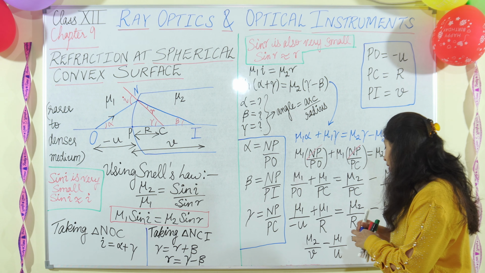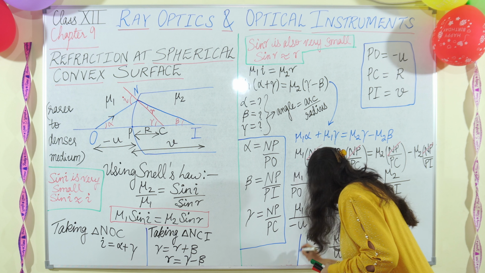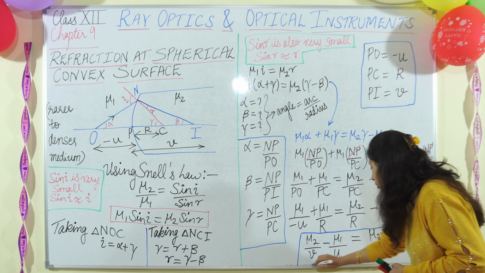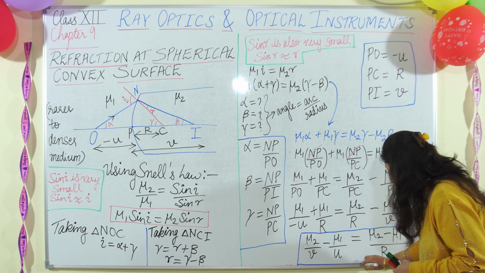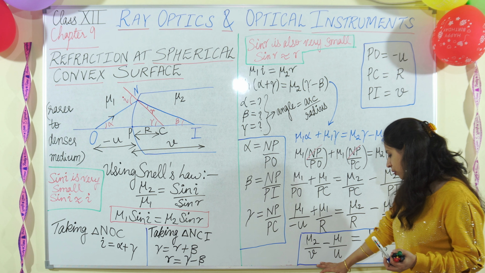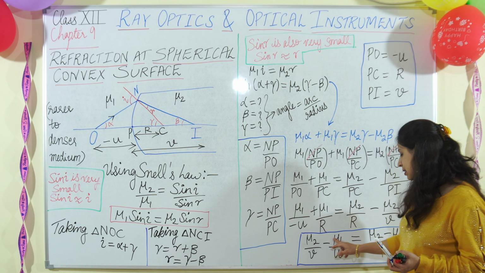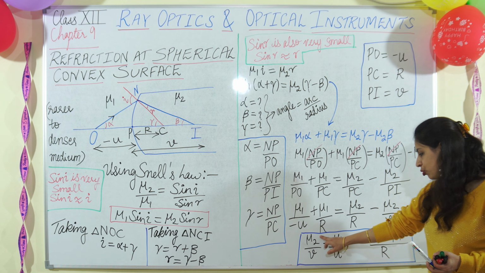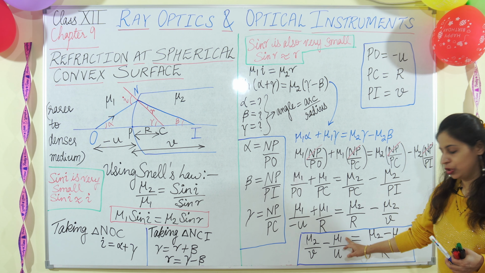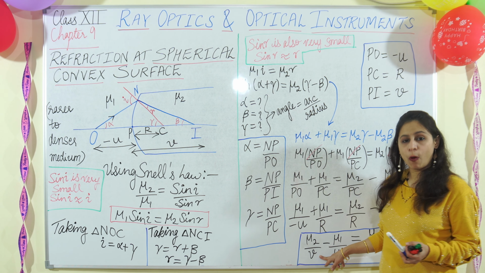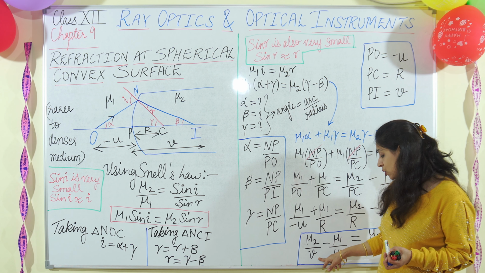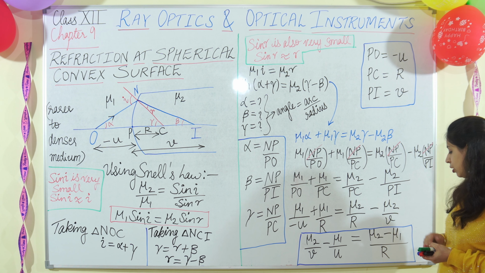So this can be easily applied in the numericals. The expression we have got is mu2 upon V minus mu1 upon U equals mu2 minus mu1 upon R. Mu2 is the refractive index of the denser medium, mu1 is the refractive index of the rarer medium, V is the distance of the image and U is the distance of the object.